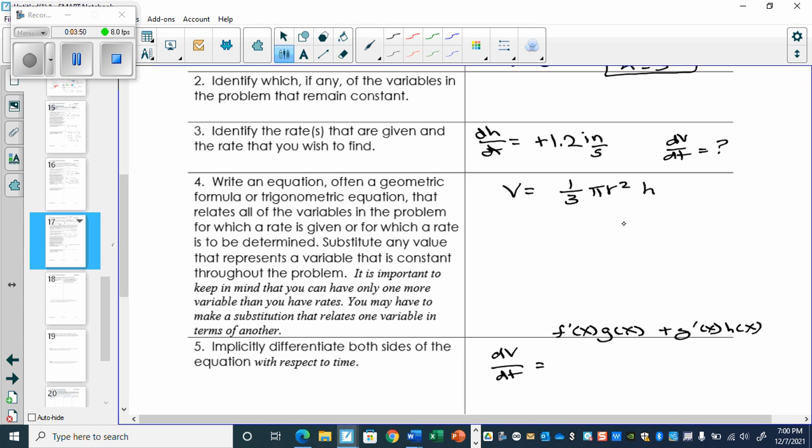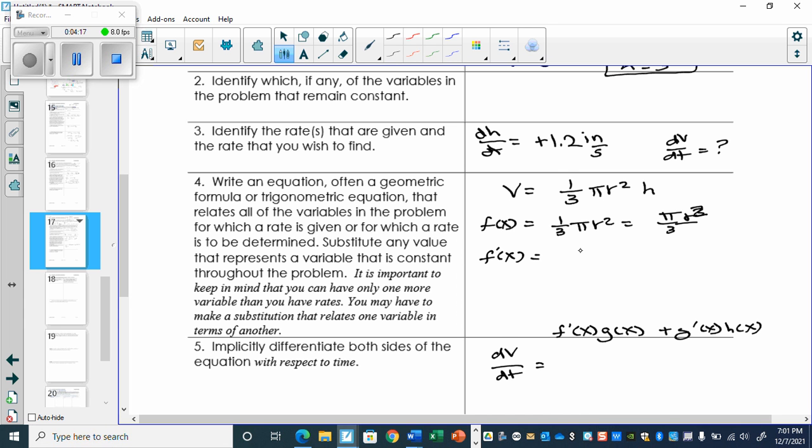Okay, so let's figure out what f of x is. So f of x, this is a product, right? So I can say f of x is pi r squared over 3 or 1/3 pi r squared, however you want to write it. I'm just going to do both of them because people are not always used to seeing this in this way. So I wrote both of them for the sake of that.